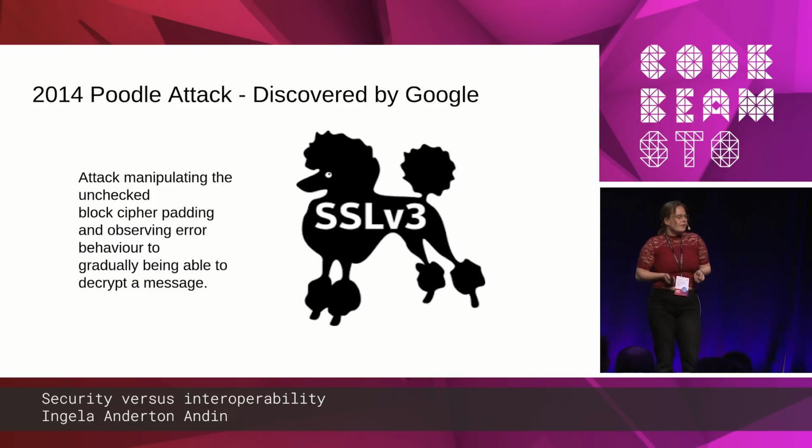This actually rendered the SSL 3.0 protocol obsolete, so it's not recommended at all to use anymore. And of course, TLS 1.0 without the padding check is also vulnerable to this attack. So what happened is Google fixed their servers, and we put back our check.